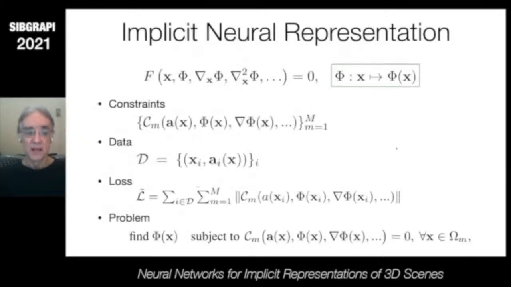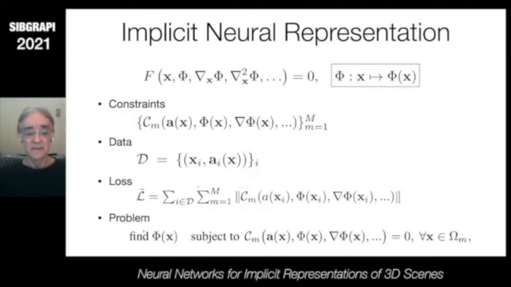And the specification of a particular geometry, a particular surface, is given by the data, the input coordinate xi, and the function value ai. And we have a loss function, as we saw before, that includes, in the case of implicit function, 3 constraints.